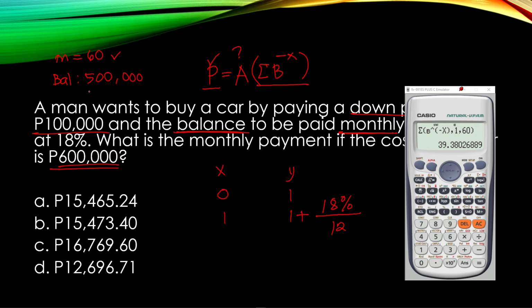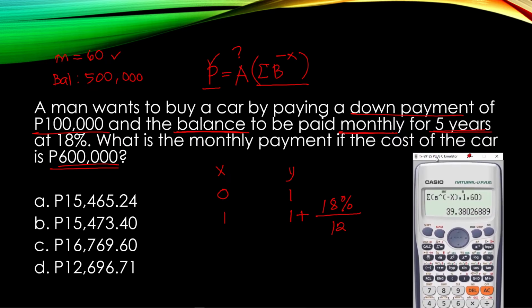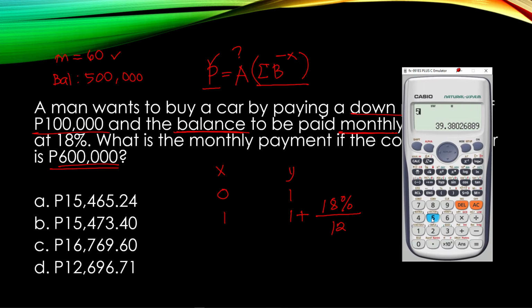Okay, so yung balance natin, yun na lang yung babayaran niya. So we have 500,000. Okay, divide natin yan by the answer natin. So na-store ito sa variable na answer.